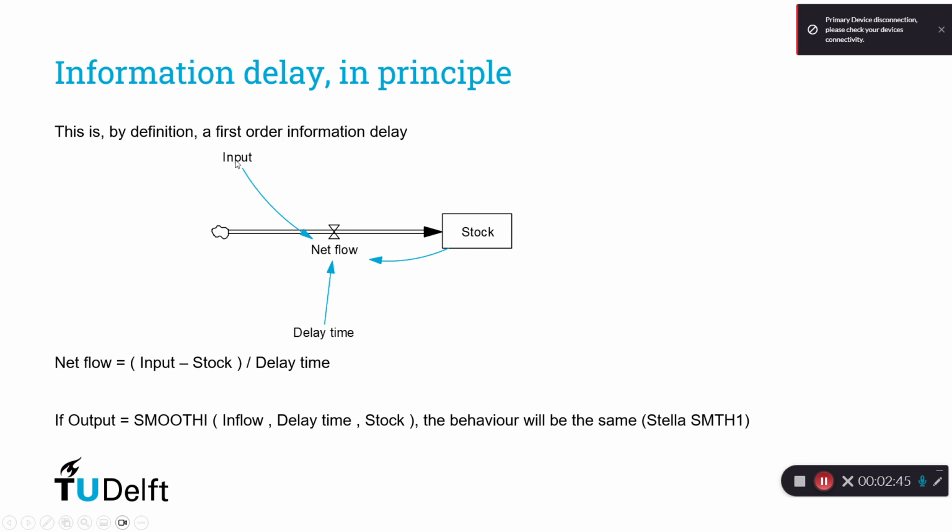And the delay in this case doesn't go from the inflow to the outflow, but it goes from the input to the stock. So if we define the output as a SMOOTHI function in Vensim, or SMOOTH1 in Stella, where the input, the delay time and the stock are defined as inputs, then it will work the same.